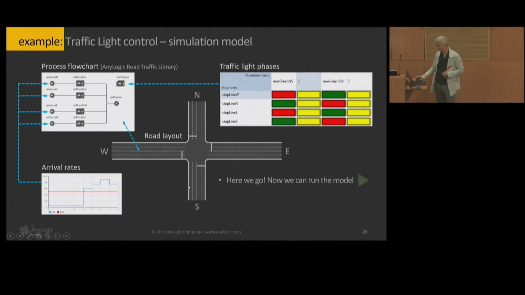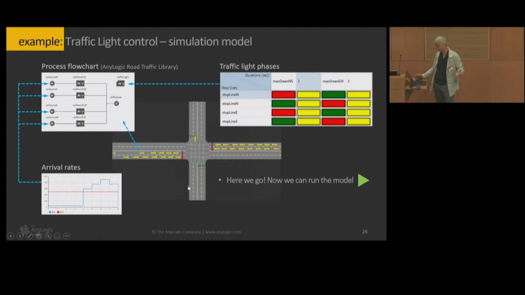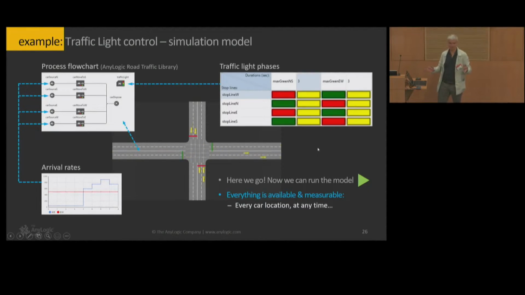This is it. So we can run the model already. And this is obviously video from a simulation model, and you will see that these cars are going through that intersection. Again, remember that if we simulate something, we can measure anything at any time.